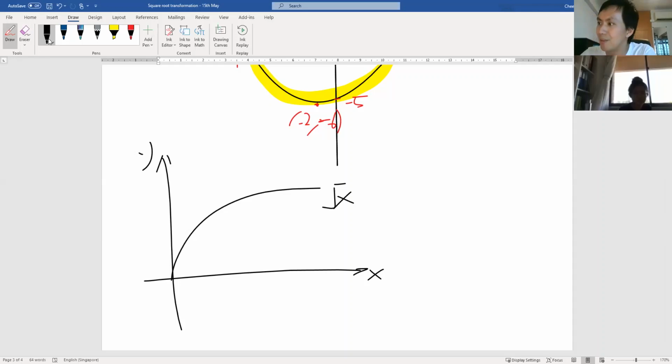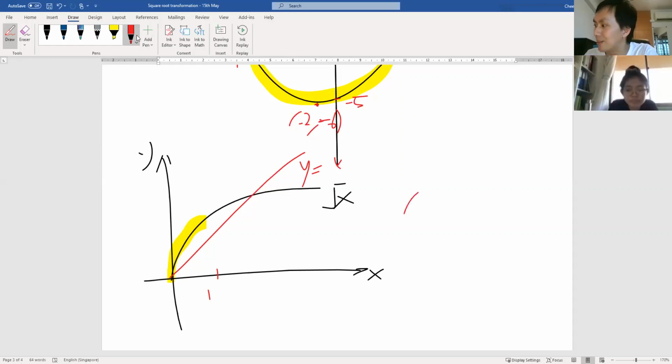It increases very rapidly between 0 and 1, but from 1 onwards it's smaller than the y equals x graph, like this. Does it start at the origin? Yes, because square root 0 is equal to 0. This is the example of f(x) versus square root x. Before 1 it is above, but after 1 it will be below.